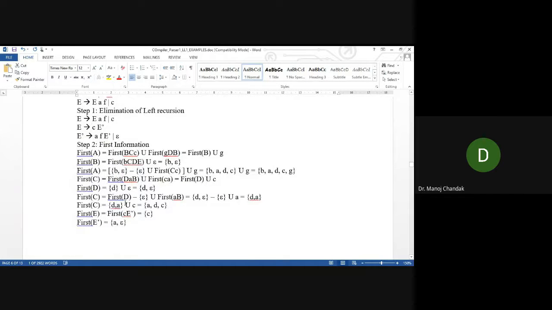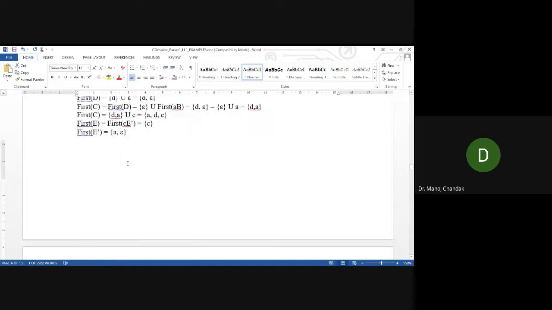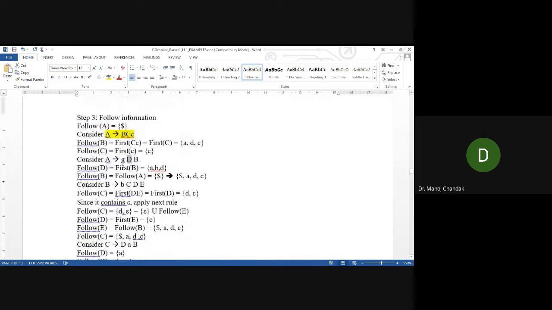Looking at all these things, you can see what is first of B. First of B will be calculated using one additional rule, so don't get confused. First of B will be calculated using some rule here. B and epsilon, right? But since it contains epsilon, you'll have to move further and continue.